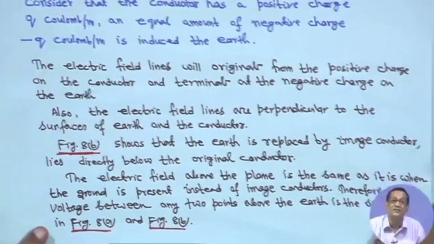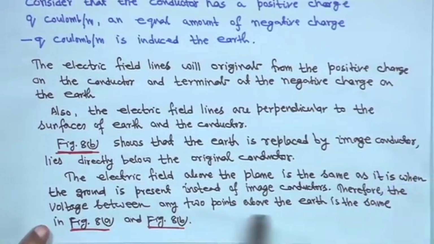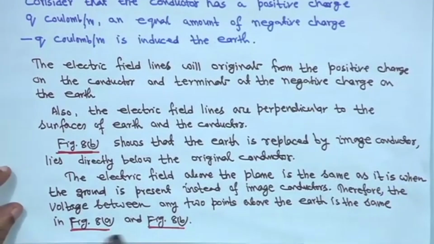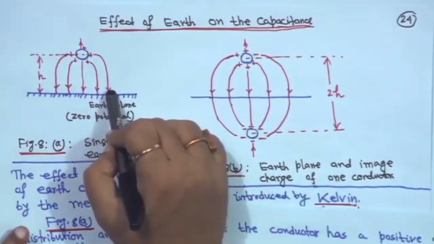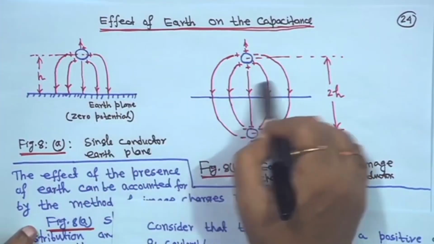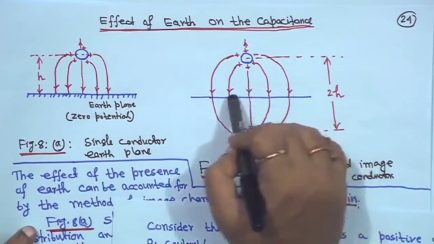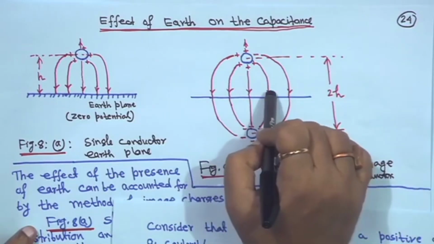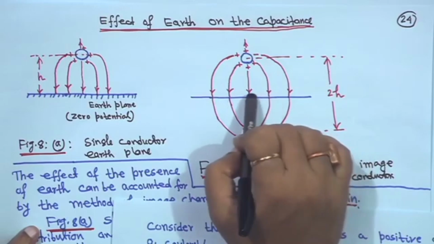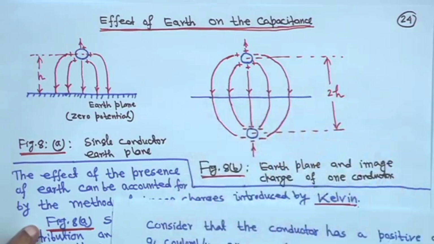Therefore, the voltage between any two points above the earth is the same in figure A and figure B.